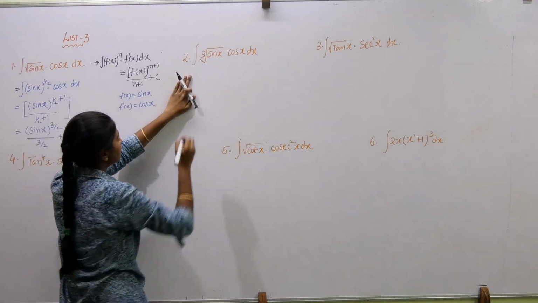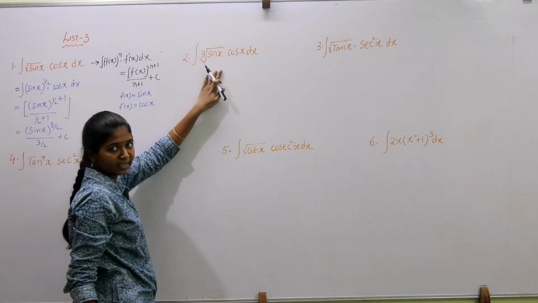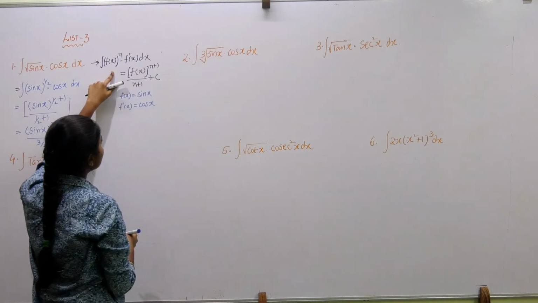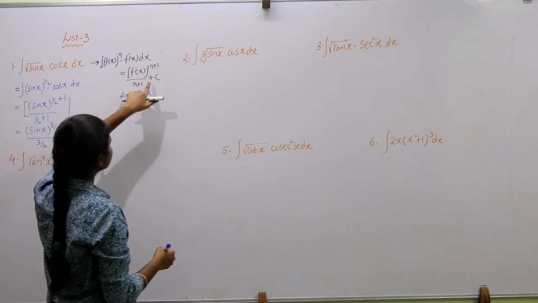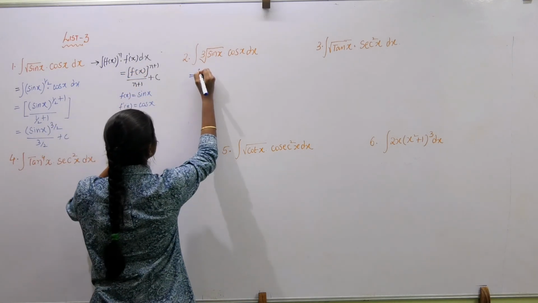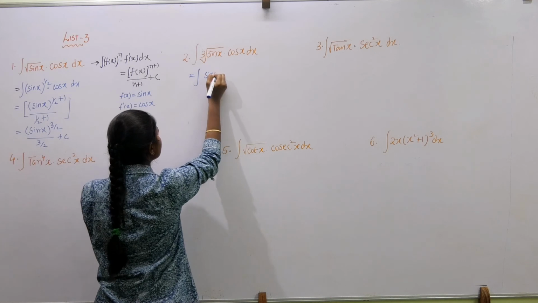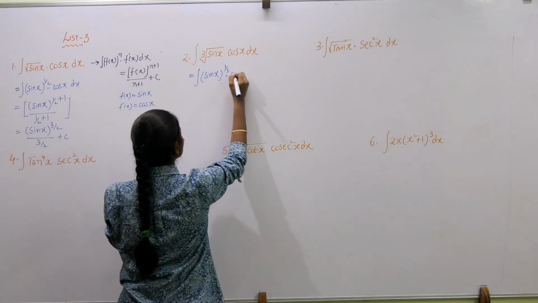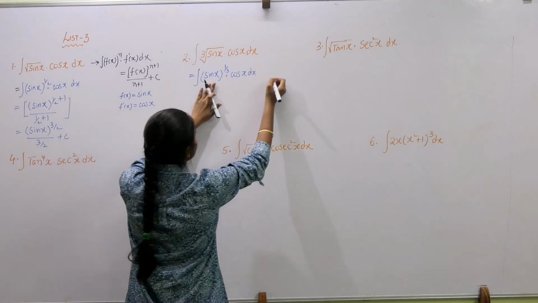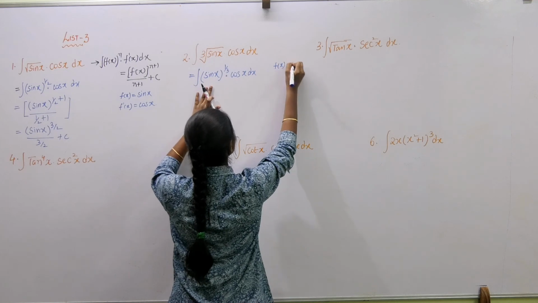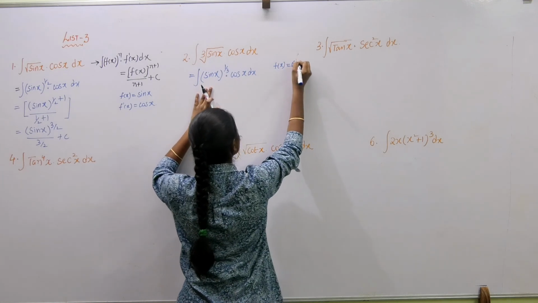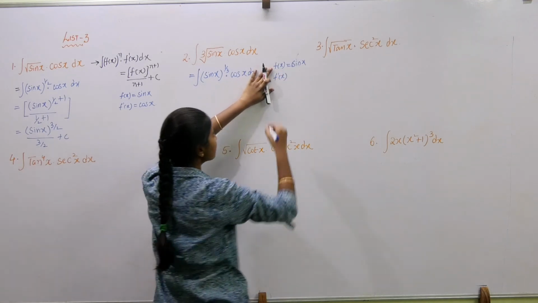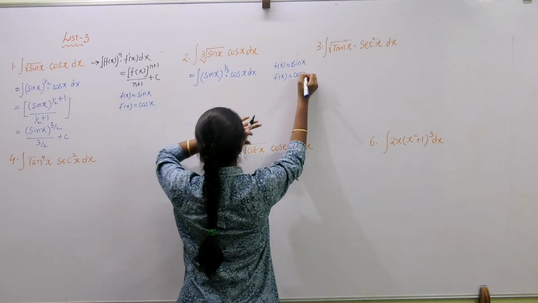Next, second question: integral of cube root of sin x into cos x dx. This is also in the form of integral of [f(x)]^n into f'(x) dx. Now here we write this cube root as (sin x)^(1/3) into cos x dx. Here f(x) is equal to sin x. f'(x), that is the derivative of sin x, d/dx of sin x, is cos x.